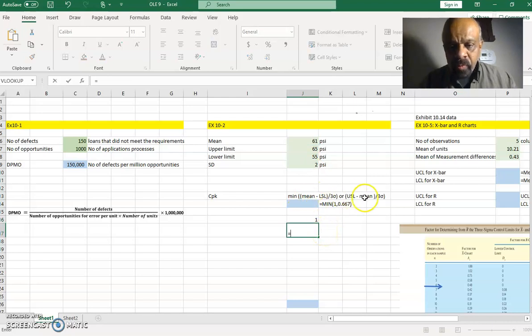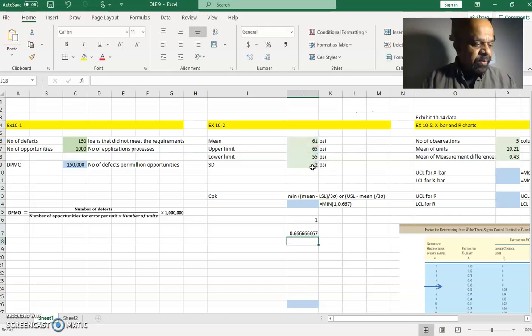The other term is USL, which is 65, minus 61, which is the mean, divided by 3 times sigma, which is 2, and that comes to 0.6667.